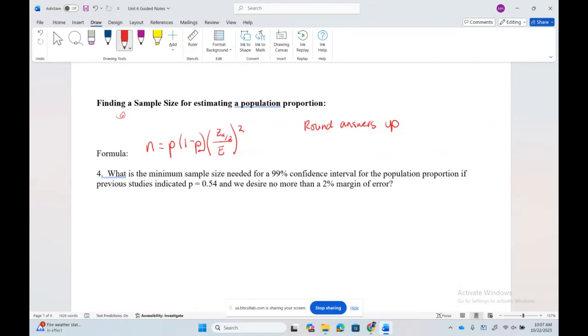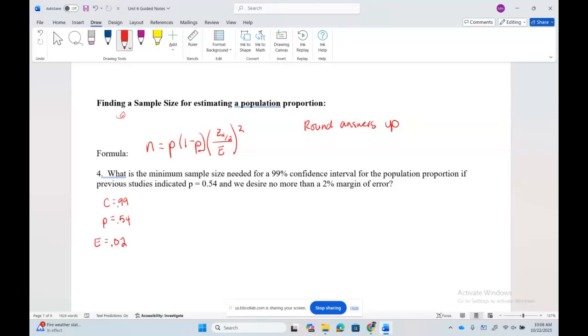Okay. All right, so what is the minimum sample size needed for a 99% level of confidence interval for a population proportion if previous studies indicated that the population proportion is 0.54 and we desire no more than a 2%, that's 0.02 margin of error.